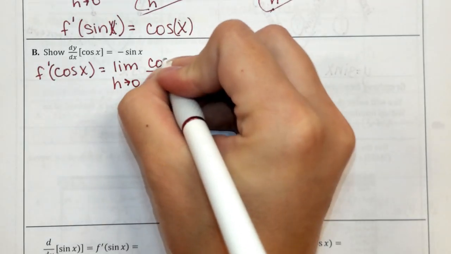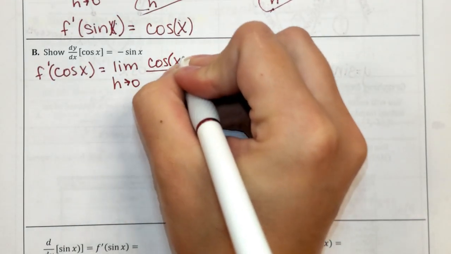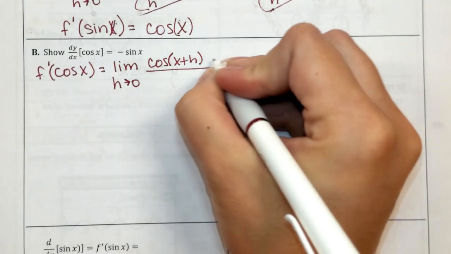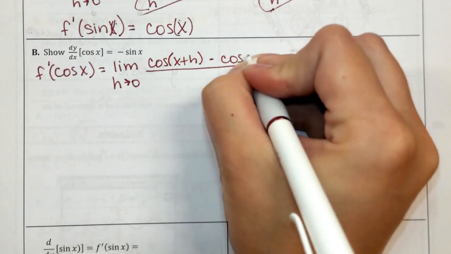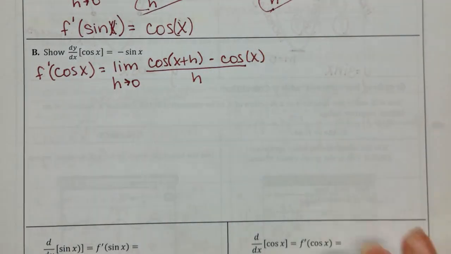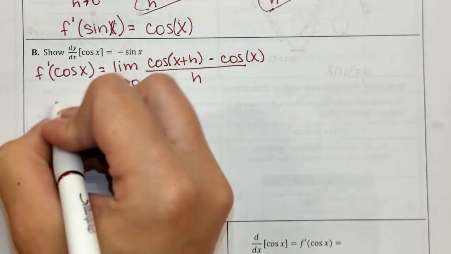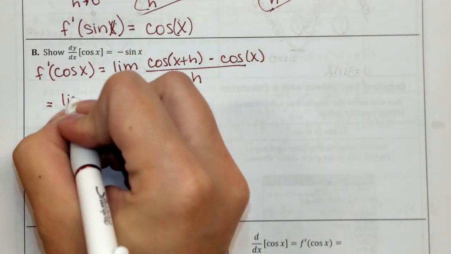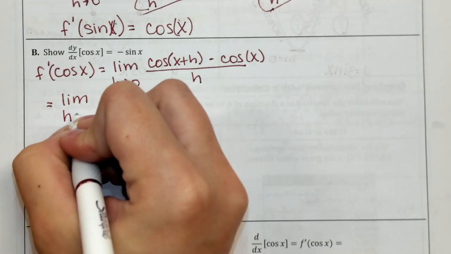So this is cosine of x plus h minus cosine of x over h. And here we would replace this with that big one we wrote up there. And we'll stop after this line.